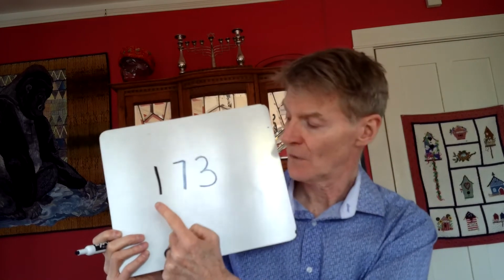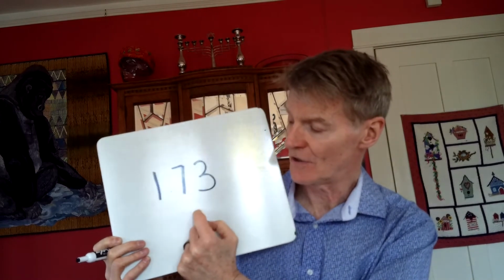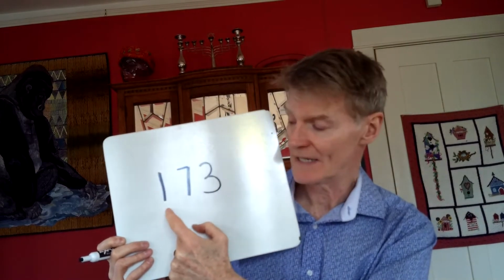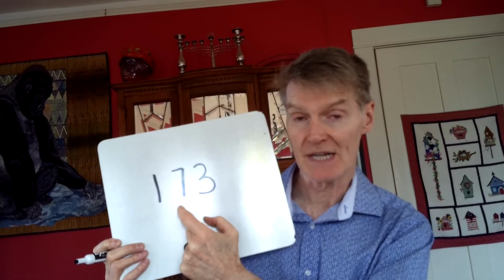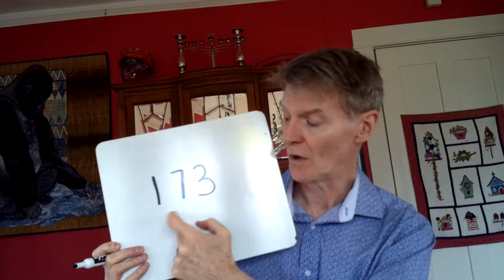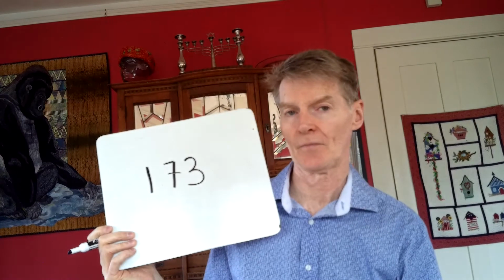Let's read it together. 173. 173. 3 ones, 7 tens, 1 hundred. 173. If I wanted to make that be the international 7, I could do that. 173. Okay.